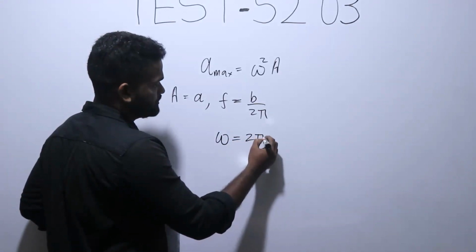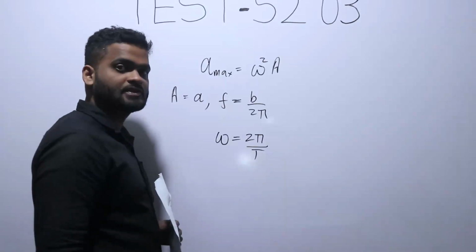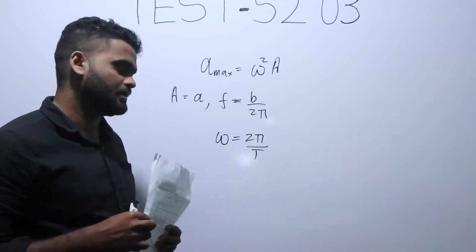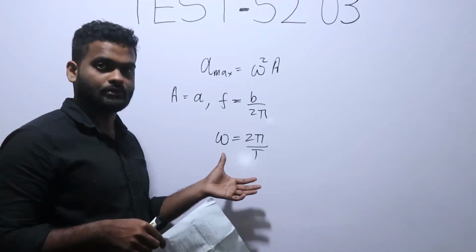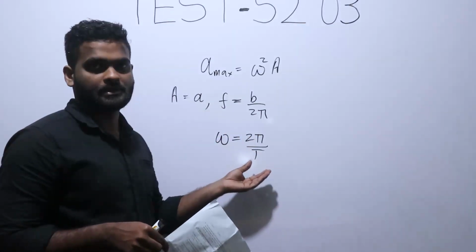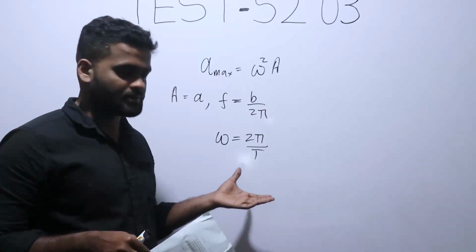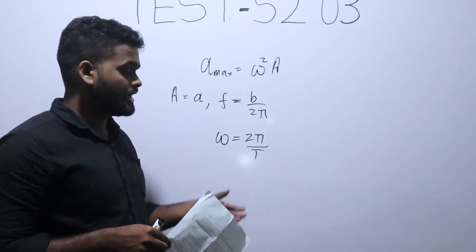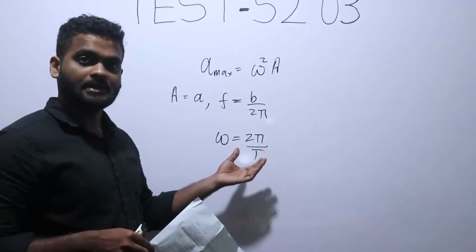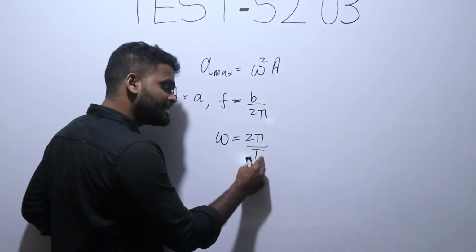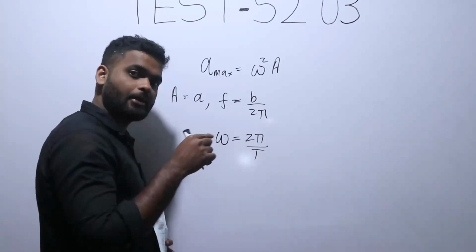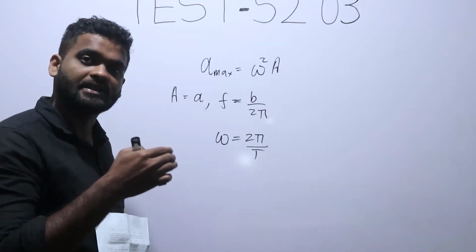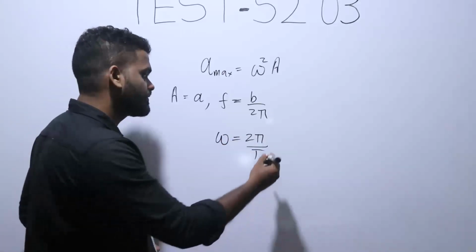So we know that omega is 2 pi over capital T. Just remember one equation. If you can remember both at once, it's fine, but at least you have to remember one equation: 2 pi divided by capital T. So that is comprehensible. So just remember this. Now 1 over capital T, that is 1 over time period, is the frequency.